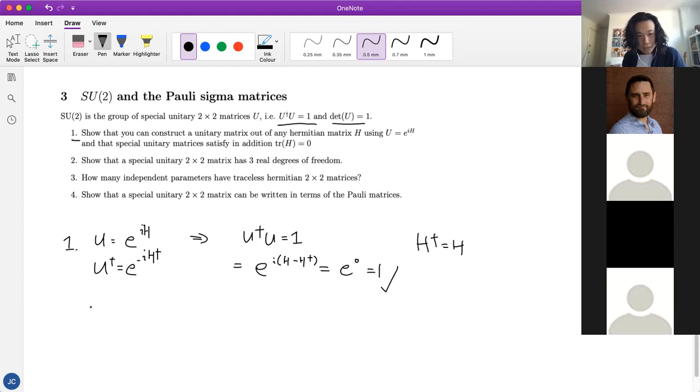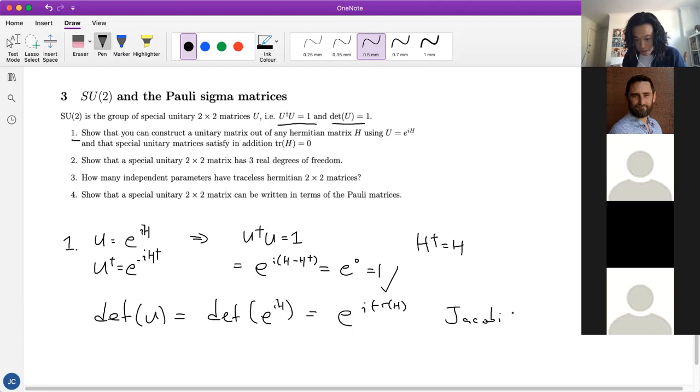Then if you look at the determinant of U, in this case it will be the determinant of e to the iH. You're going to have to trust me on this: this is equal to e to the i trace of H. This is called the Jacobi formula, depending on what language you speak.